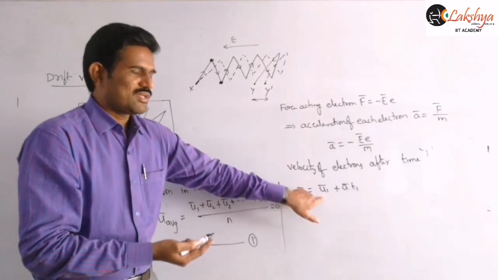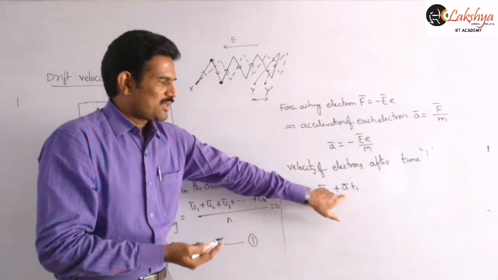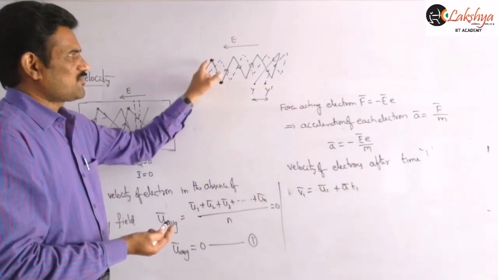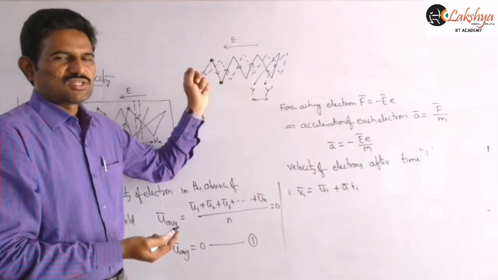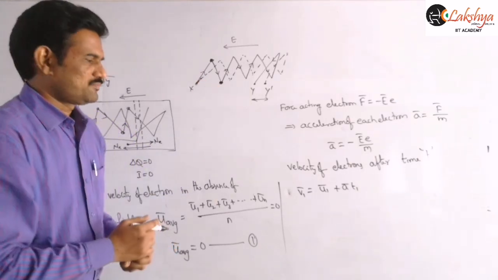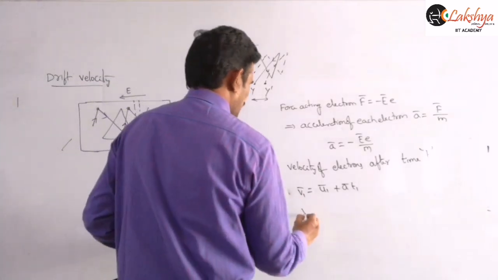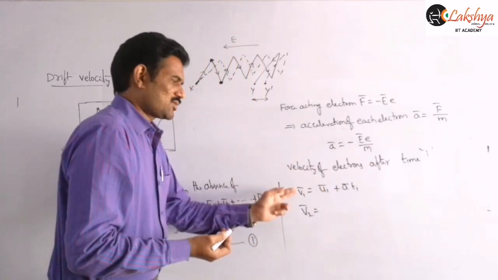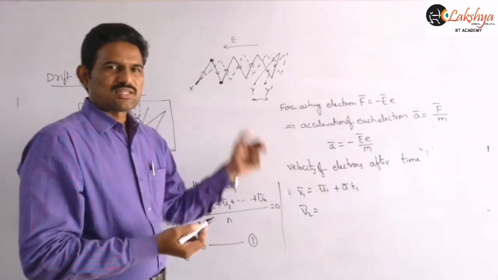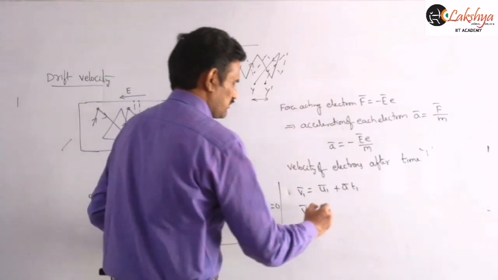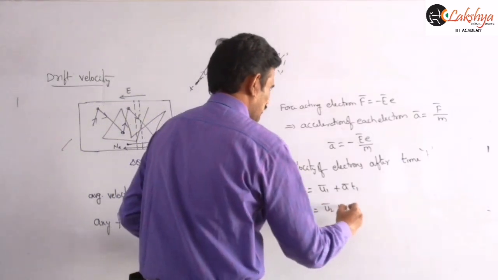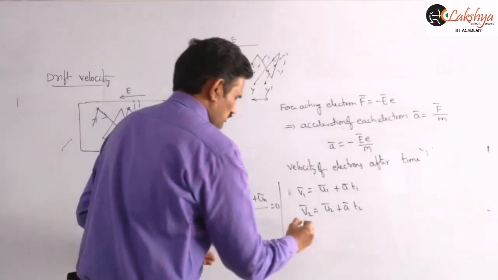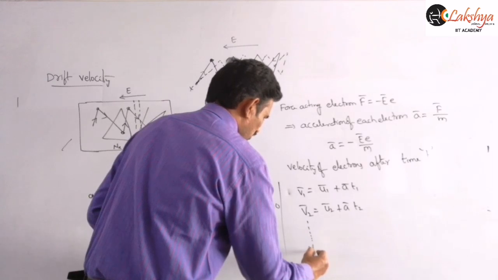So its initial velocity we are taking as U1, plus A bar into T1. Now T1 is the time taken to travel from here to here, which is the time interval between two collisions. And so now it is V2 bar. Similarly for another electron, because a large number of electrons are available in this, U2 bar plus A bar into T2, right? And so on. We can write for n number of electrons.